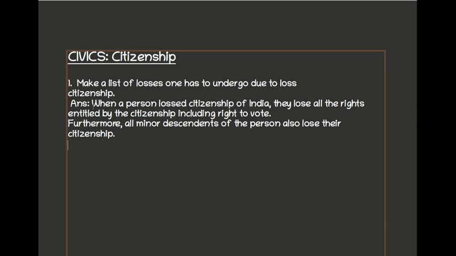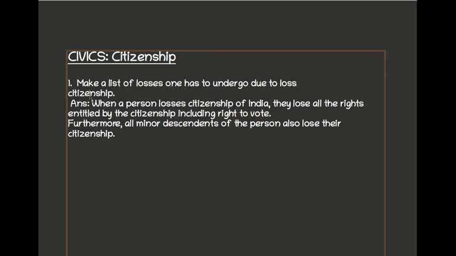So here we have, when a person loses citizenship of India, they lose all the rights entitled by the citizenship, including the right to vote. So they can no longer participate in electing the administration of our country. Furthermore, all minor descendants of the person also lose their citizenship.